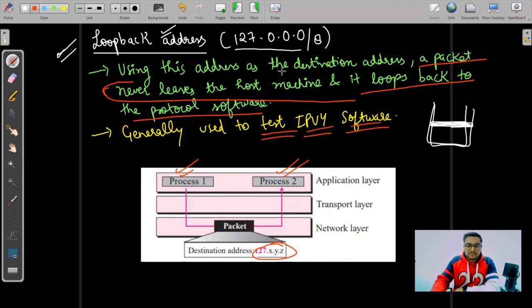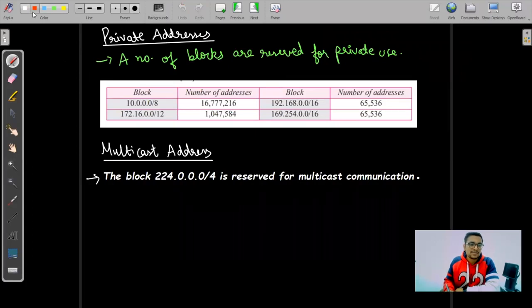Moving on, there are certain private addresses which are reserved for private use, and a few of them are mentioned over here. You can go through them if you want to know more about them. Moving on, there are also addresses that are blocked for multicast addresses.